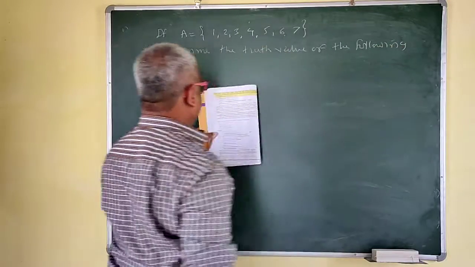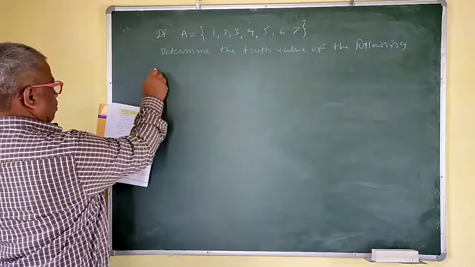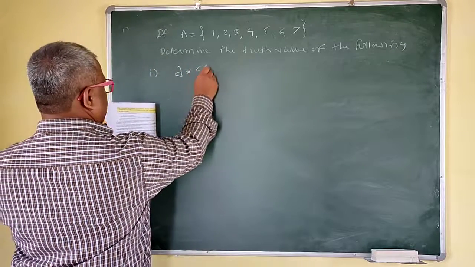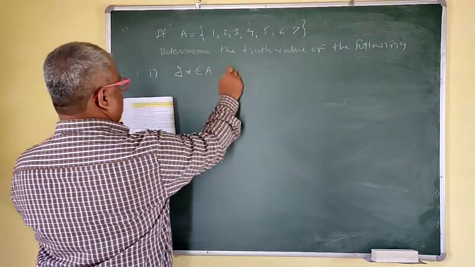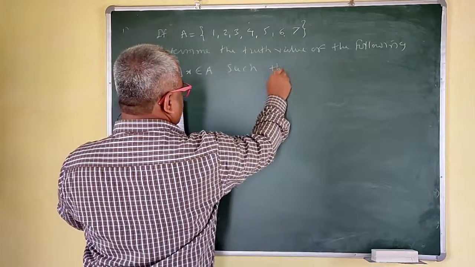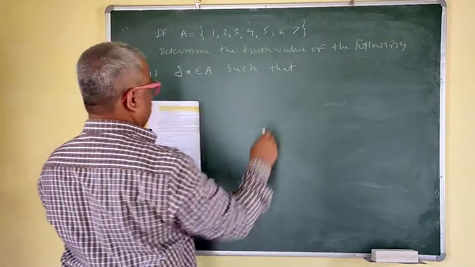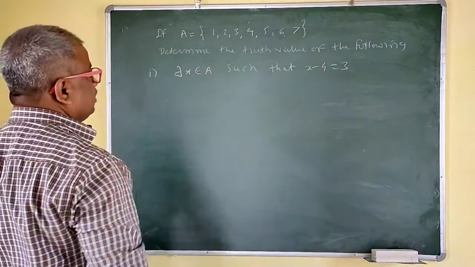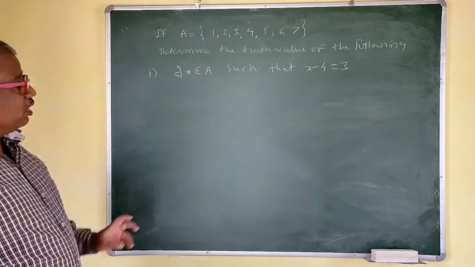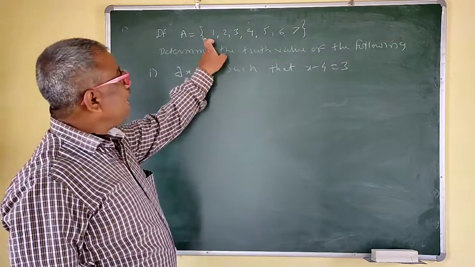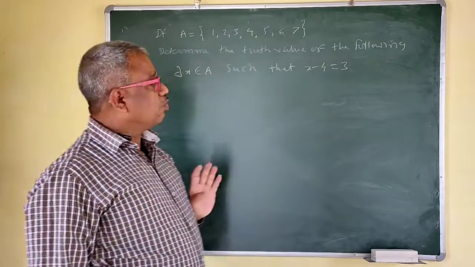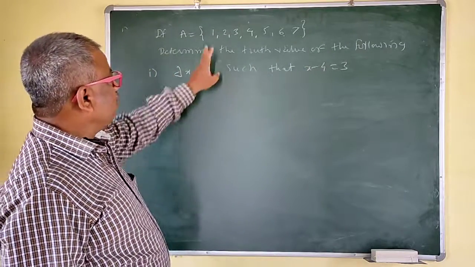One: there exists x belongs to A such that x minus 4 is equal to 3. There exists means there should be at least one element such that x minus 4 is equal to 3. We'll check one by one now.